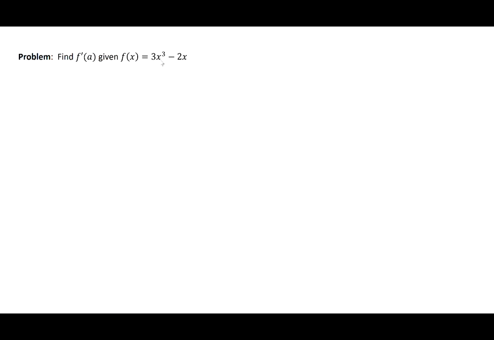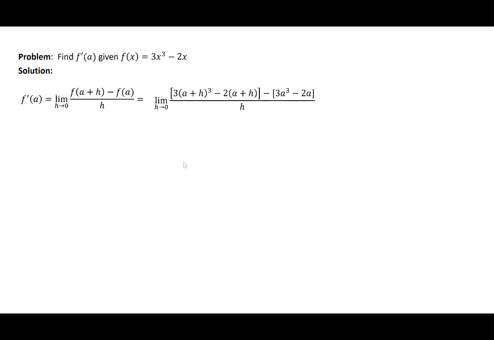As simple as that. So we have 3 times the quantity a plus h cubed. So you must take that entire a plus h and cube it. Minus 2 times the quantity, that means you enclose it in parentheses, a plus h. Cool? Notice, that's exactly what I wrote.